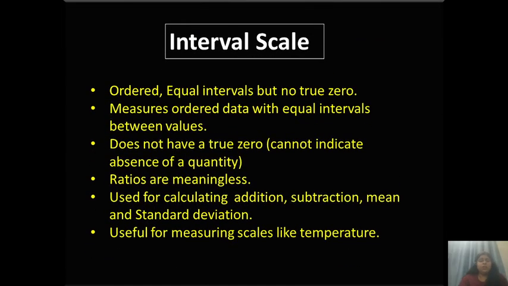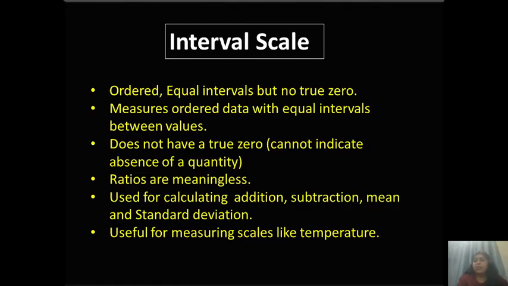Third, we have interval scale. As the name suggests, there are equal intervals between data points. But the only condition to be checked here is that it has no true zero. What does a true zero mean? For example, you are measuring temperature. Zero would mean 0 degrees Celsius. Does 0 degrees Celsius indicate that temperature is absent, or that the temperature is 0 degrees Celsius?